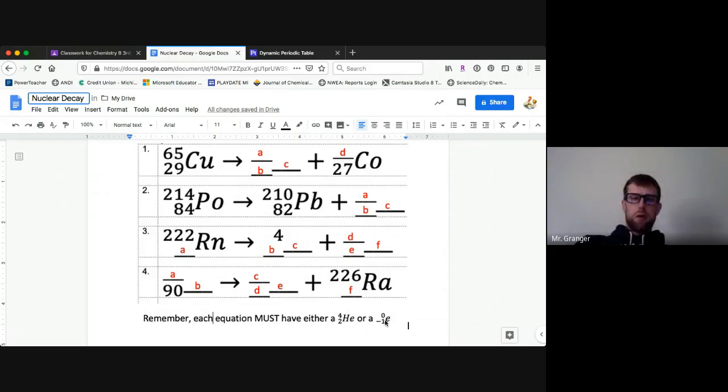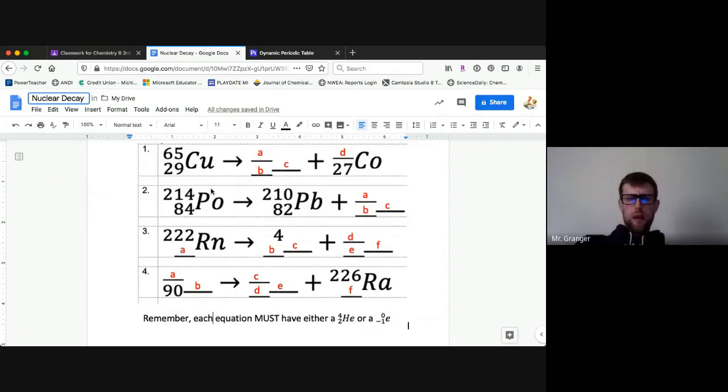The second option is beta particle, or beta decay, represented by the symbol lowercase e, mass value of 0, atomic number of -1. So these are your two options of particles to complete these equations.